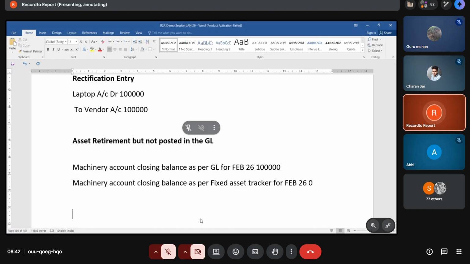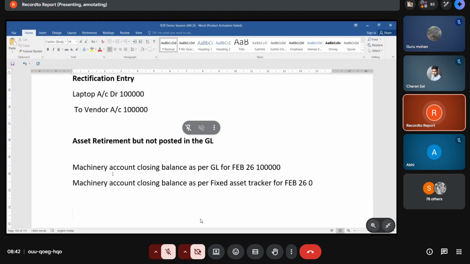The fixed asset GL balance is showing 1 lakh, but the fixed asset tracker is showing 0. That means the asset got some physical damage and was retired, but the transaction is not posted in the GL.